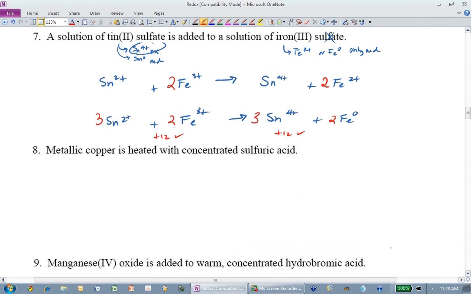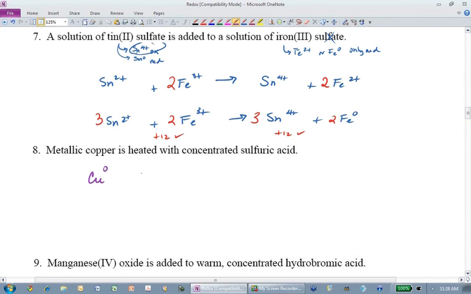Alright, let's go to metallic copper. Metallic copper, that's going to be fairly straightforward, is heated with concentrated sulfuric acid.